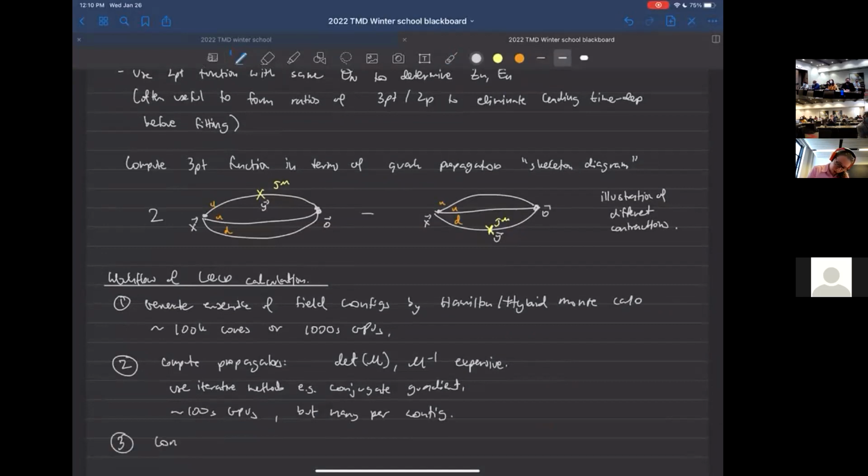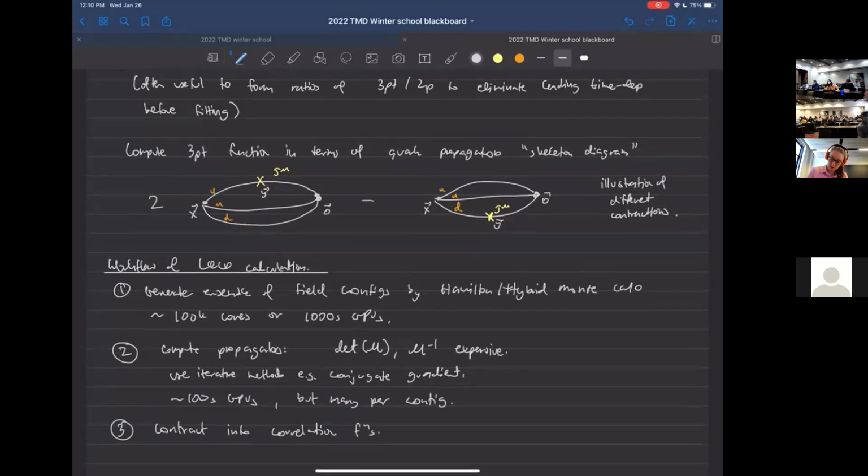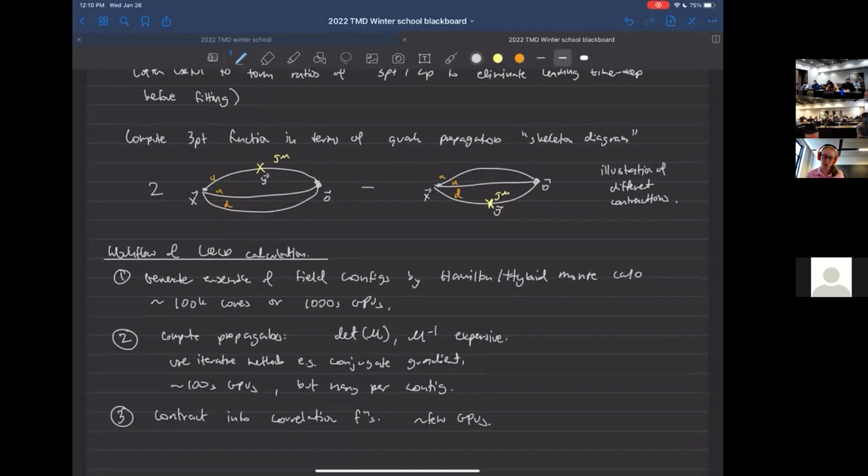Then there's contraction. You need to contract all of those propagators into correlation functions. This is, let's say, a few GPUs, but if you start doing things like nuclear physics calculations, the number of contractions can grow factorially. So even though that looks small for each contraction, it can also grow to be a significant computational cost. But typically the propagators are the big cost, other than the generation of the field configurations. Then there's fits and analysis.